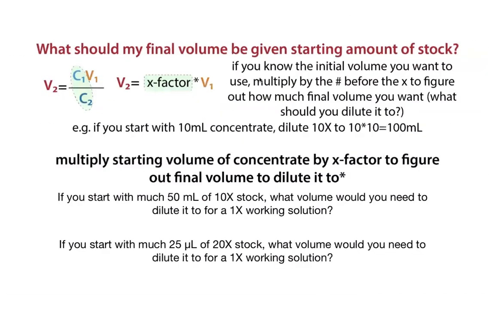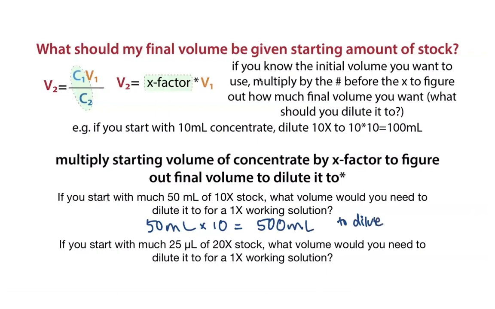What if we start with 50 mils of a 10x stock? What volume would we need to dilute it to for a 1x working solution? Remember that we have to increase the volume by the x factor amount. So if we start with 50 mils, our final volume is going to be 50 times 10, which is 500 mils.